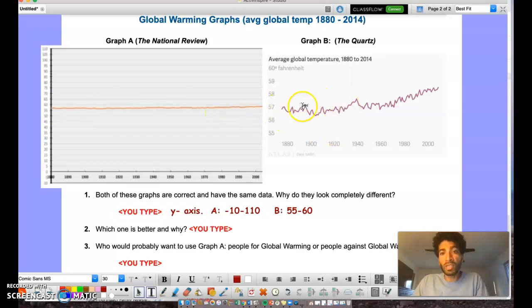I would say graph B is better because global temperature is not going to rise 20 degrees in 10 years. It's going to be really, really slow, okay? And you're not going to see that slow rise in temperature if you zoom all the way out like graph A did. So I'd say graph B is better because it's zoomed in, so you can really look at the differences.